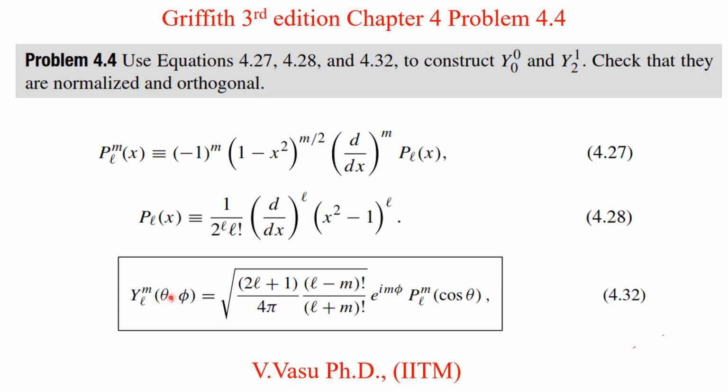Y_l^m, which is a function of theta and phi, is equal to the square root of (2l plus 1) over 4 pi times (l minus m) factorial divided by (l plus m) factorial, times e power i m phi times P_l^m(cos theta). So using these three equations, we are going to find the spherical harmonic.